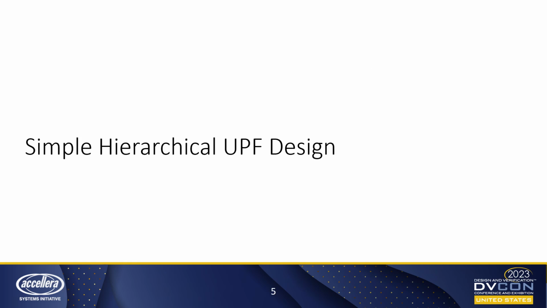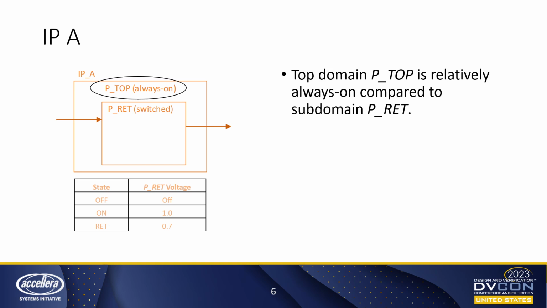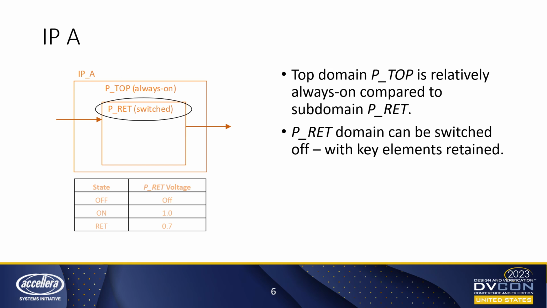Let's begin by examining a simple hierarchical UPF design. Let's define an IP-A as an IP with two domains. P-top is relatively always on compared to the rest of the IP. However, the IP also contains an internal domain, P-retention, that can be switched off, with key state elements retained with a defined retention strategy.